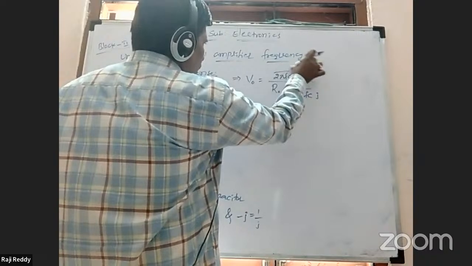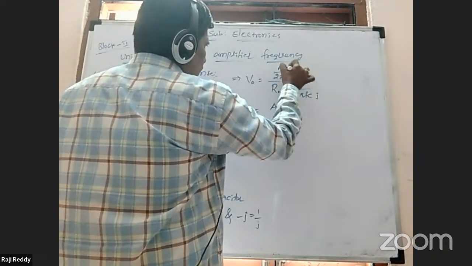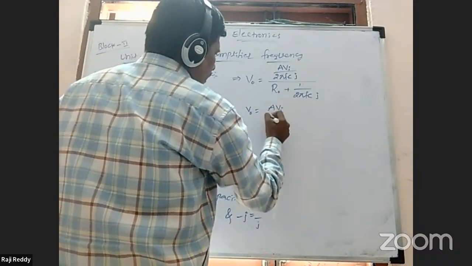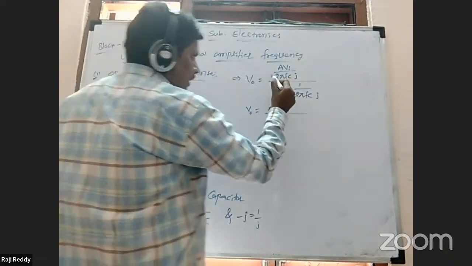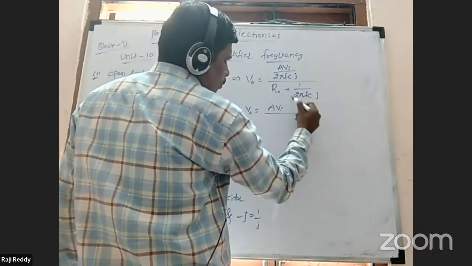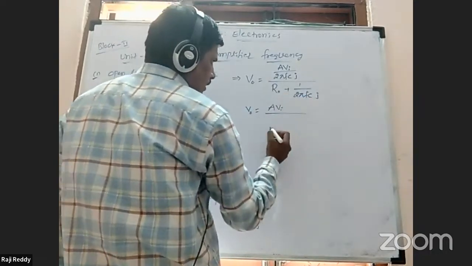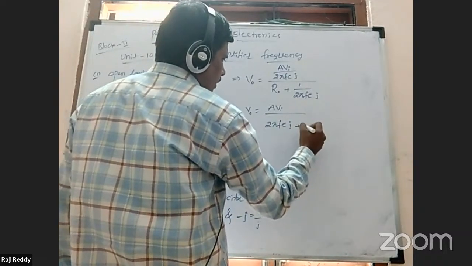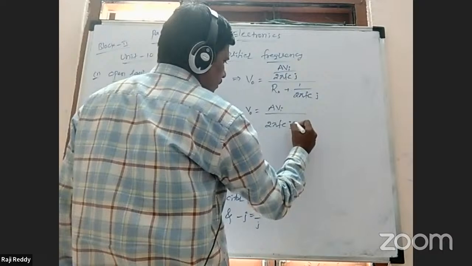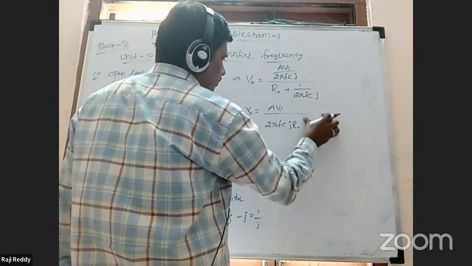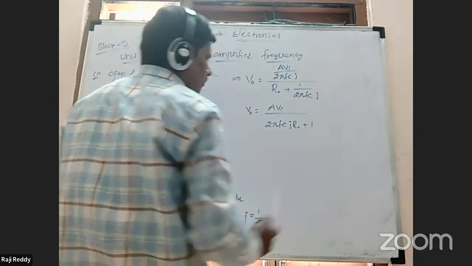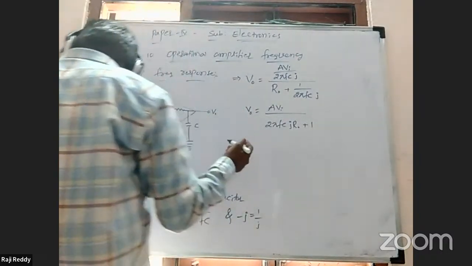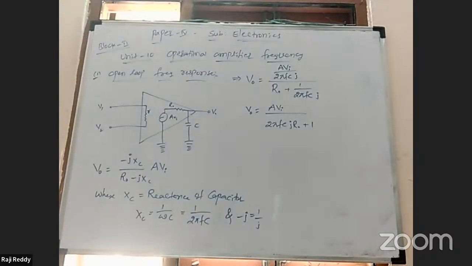Cancelling directly and doing the cross multiplication, we get 2 pi fc into j times R naught plus 1. From that you can write V naught by Vi as equal to something.